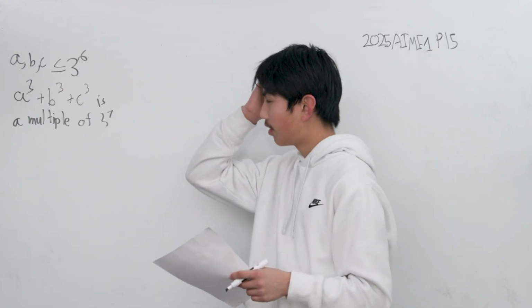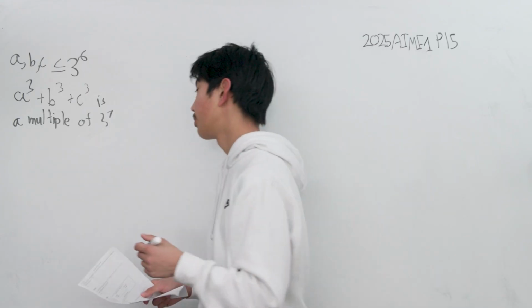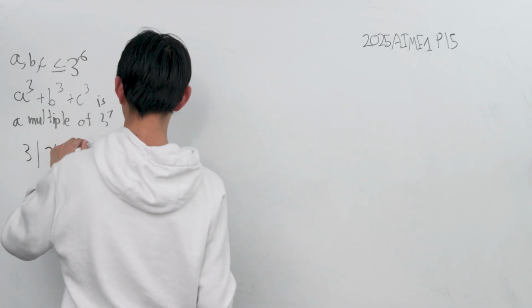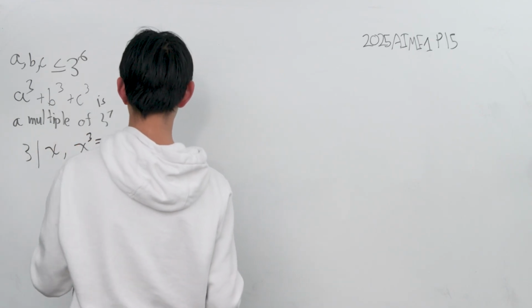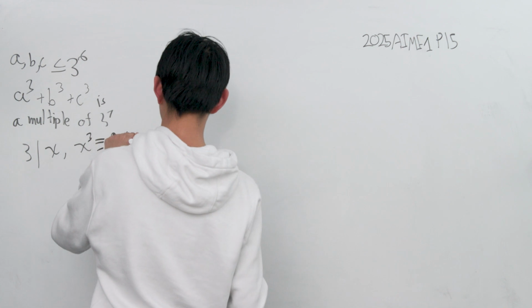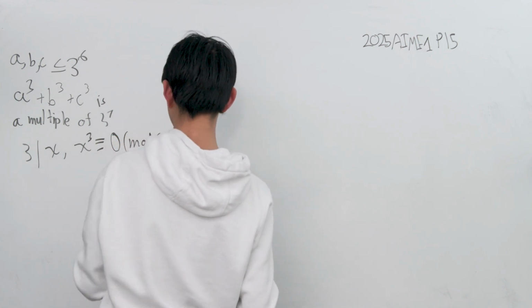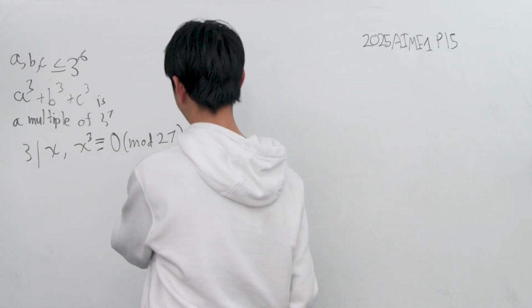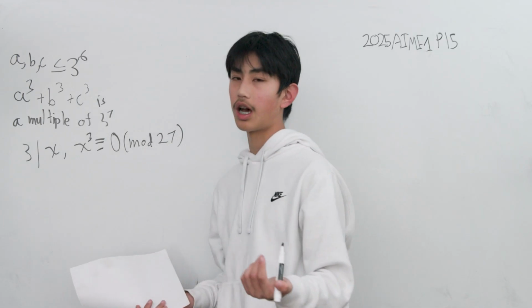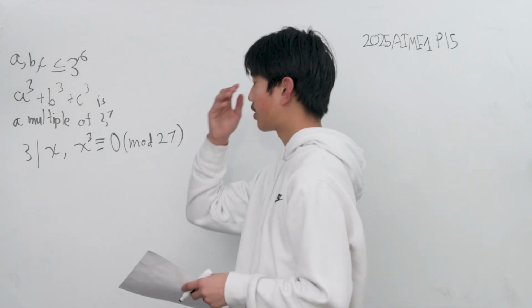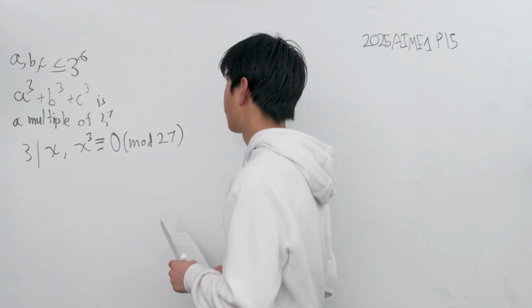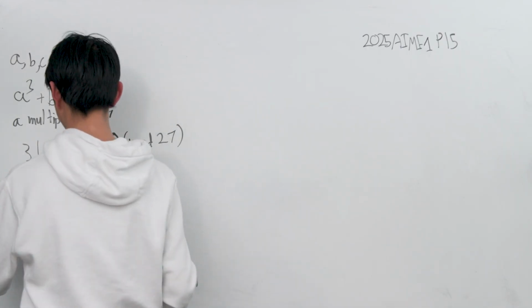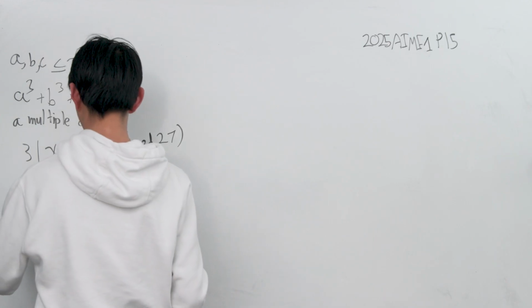So we have a value x, right? If 3 divides x, then x to the power of 3 is equal to 0 mod 27. And then there's the case where 3 doesn't divide x.